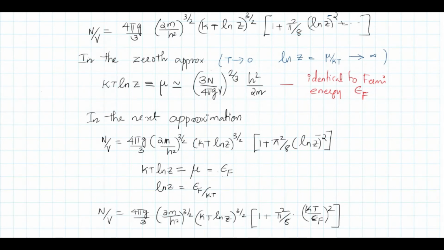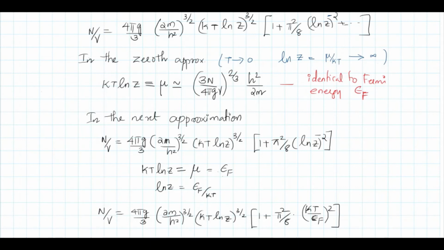Then n by v becomes 4 pi g by 3 2m by h square raised to 3 by 2 kT log z raised to 3 by 2. From here you can find kT log z, and that is, 3 will go to this side, 4 pi g will go to this side, that will make it 3n by 4 pi g v raised to 2 by 3, because here it is kT log z raised to 3 by 2. So when you find kT log z, you have to take the whole thing raised to 2 by 3.